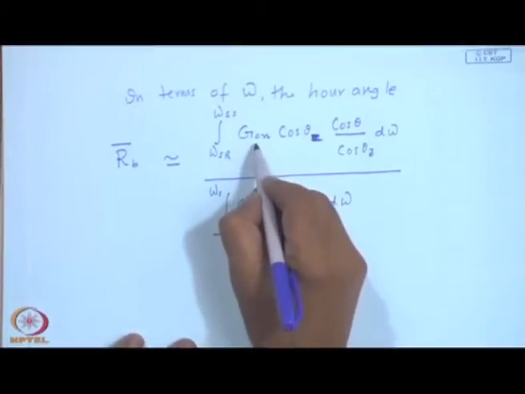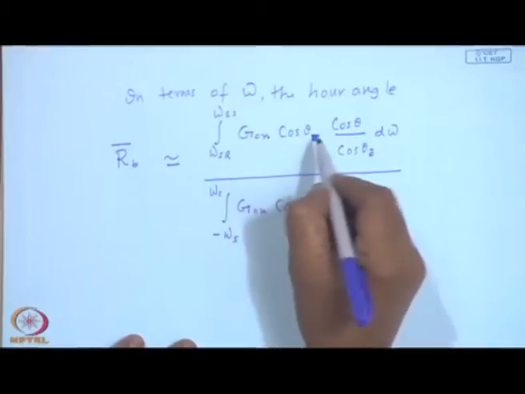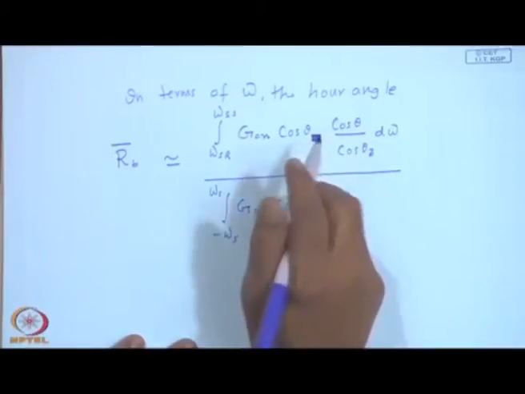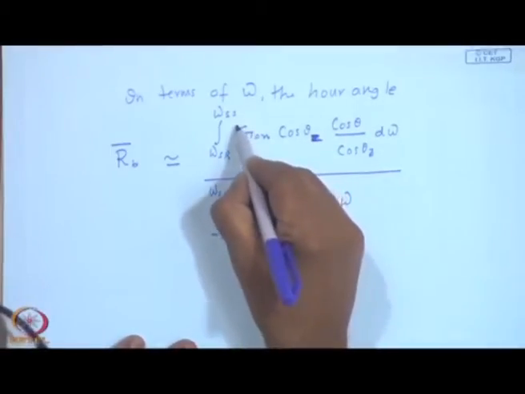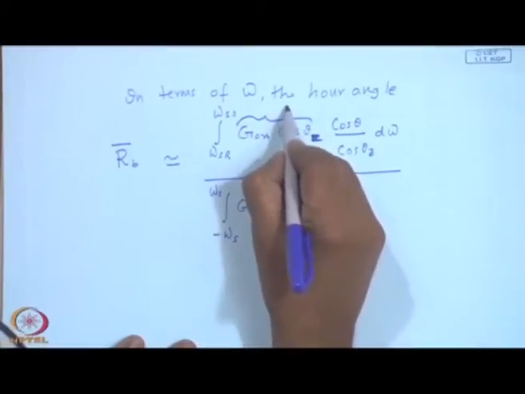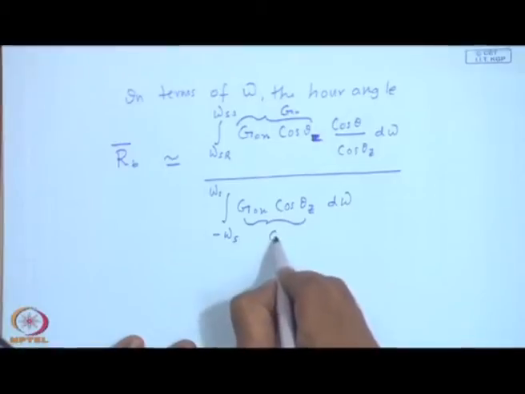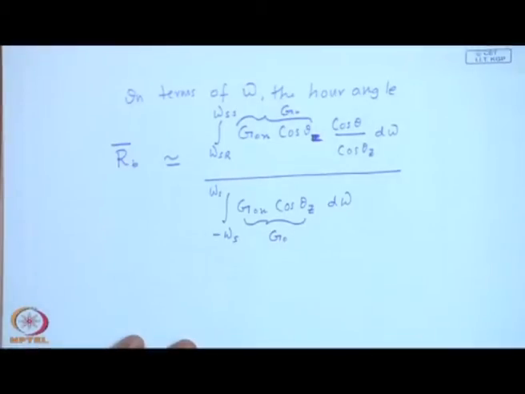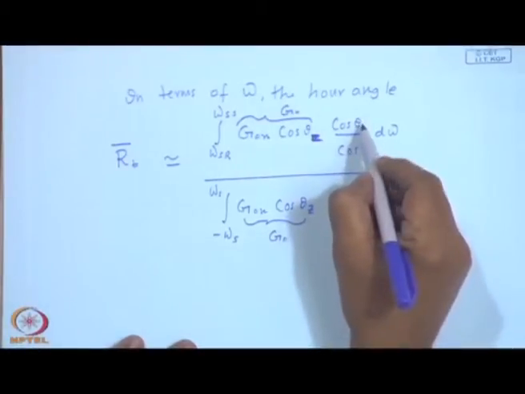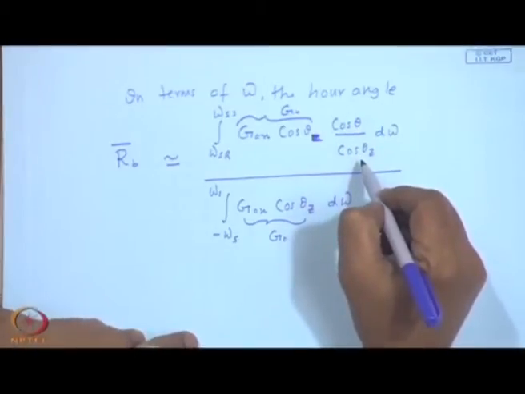So, this is the normal radiation multiplied by cos theta z, which is nothing but G 0, the same G 0 over here, and my R B is categorically cos theta upon cos theta z.